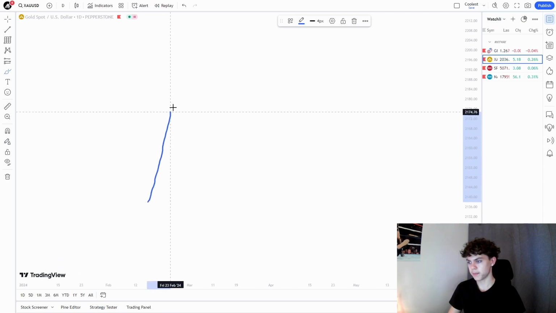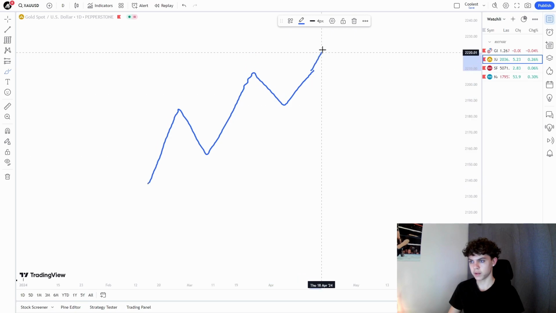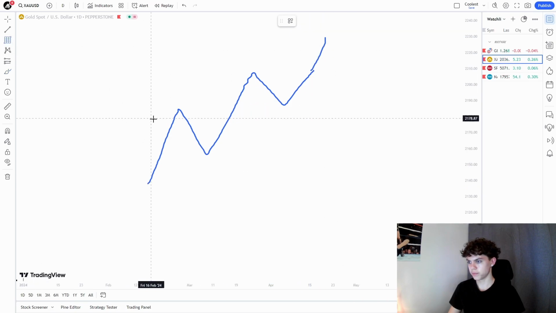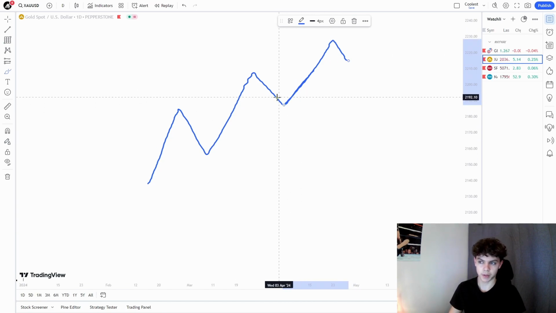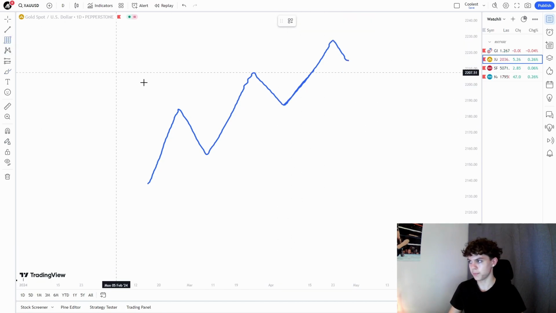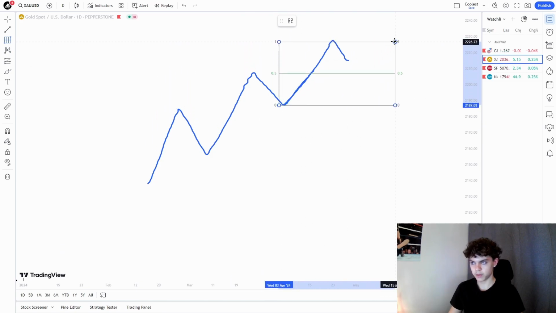Equilibrium. Okay. This is an uptrend. If we're in an uptrend, this is the high, this is the low. On an uptrend, you take it from the low to the high. Okay? Like this. And here's the 50%.